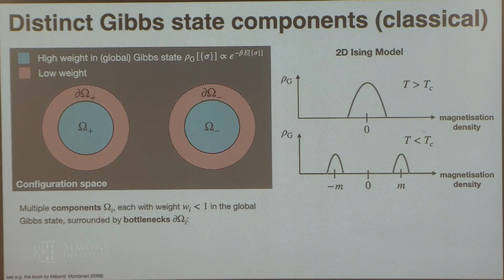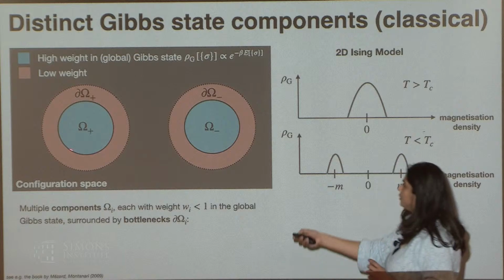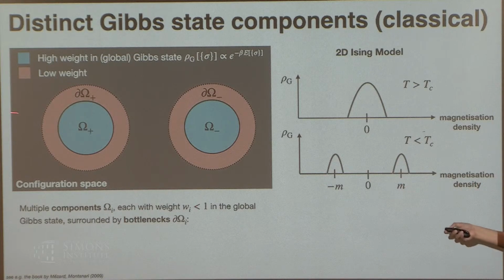So this defines for you these multiple components of configuration space, Omega plus and Omega minus. Each of these components has weight less than 1 in the global Gibbs state. In this case, because of Ising symmetry, they have weight 1/2, and they are surrounded by these bottlenecks, which are low weight states.